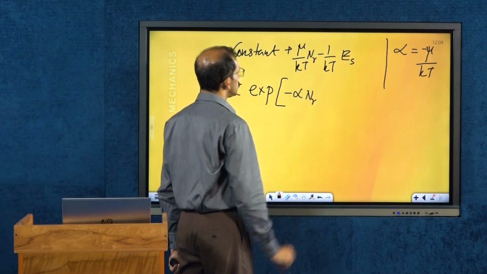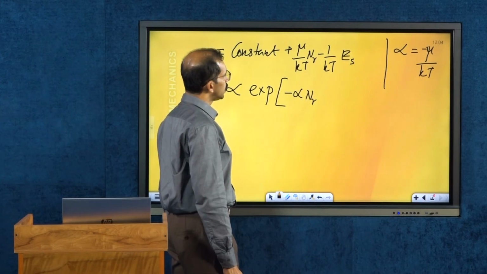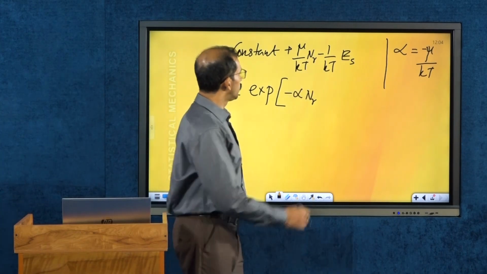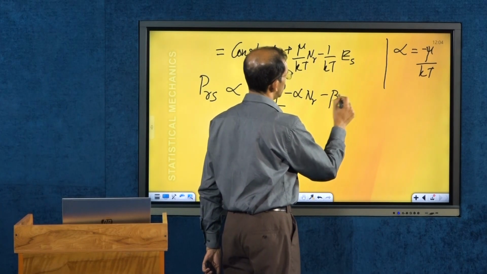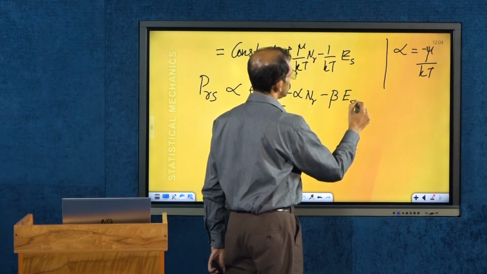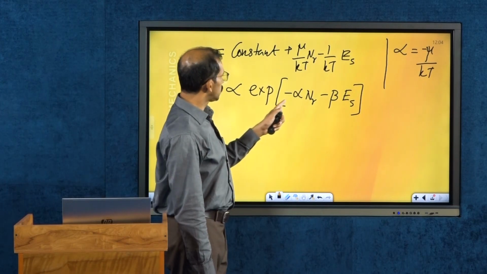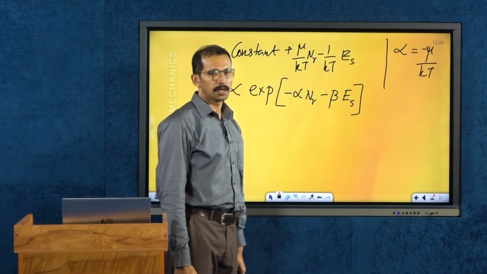Here I can write exponential minus alpha nr, and 1 by kt is what? Beta. Therefore, this is minus beta Es. So, PRS is directly proportional to exponential minus alpha nr minus beta Es, right.